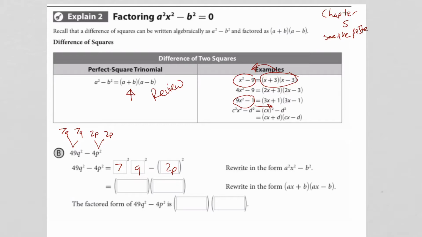If this is a and that's b, one of them is going to be a plus b, one of them is going to be a minus b, so this is going to be 7q plus 2p times 7q minus 2p. And there you go. So these are the factors. And I don't know why, but the book has us write them down again.